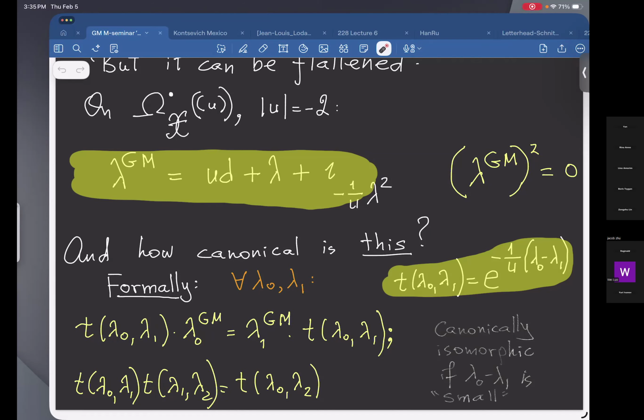Or you can say that it is independent of lambda in some completion that you have to specify. And then if you have three lambdas, then you have this condition. So basically this Gauss-Manin construction is as canonical as it can be: the two are isomorphic, and for the three, it's a coherent isomorphism.